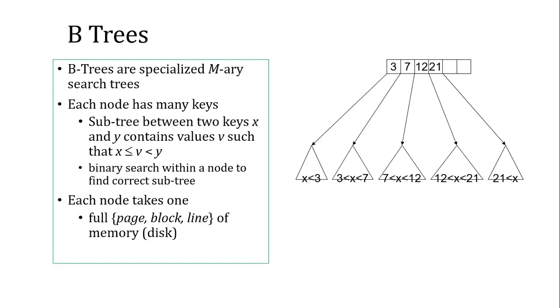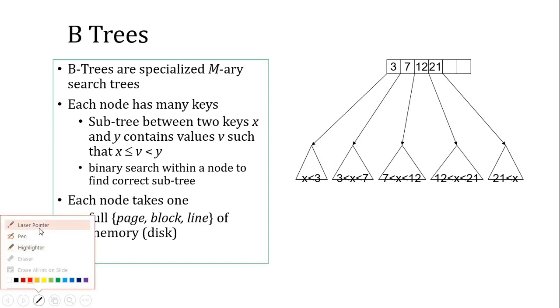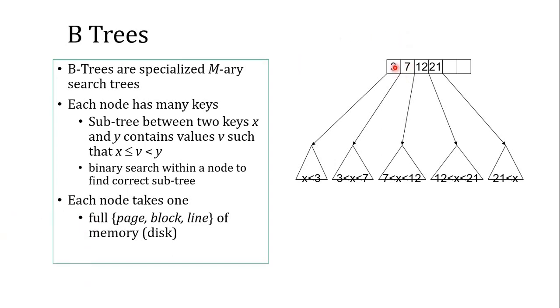Suppose here we have a seven branching factor tree. So there are 7 minus 1, that is 6 keys that can be here, but here there are only 4 keys. So for these 4 keys there are 5 branches.